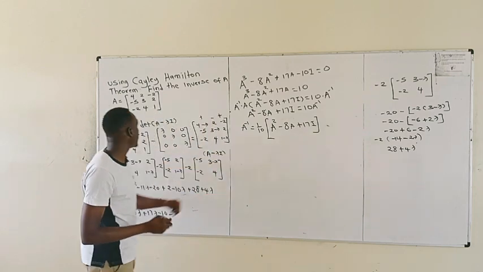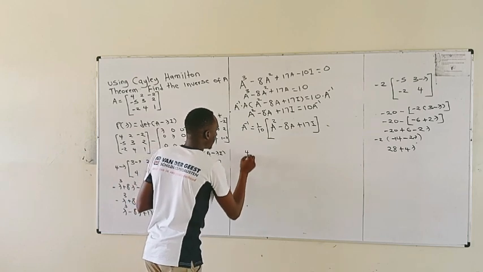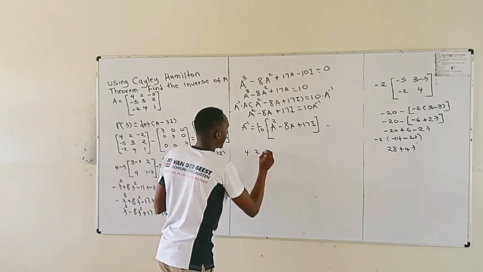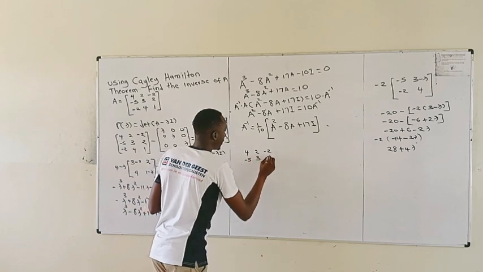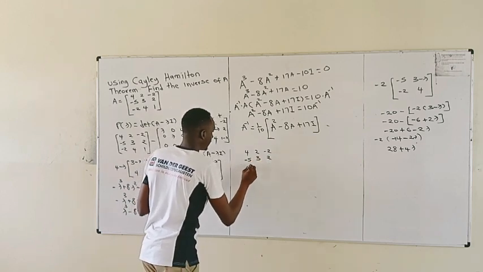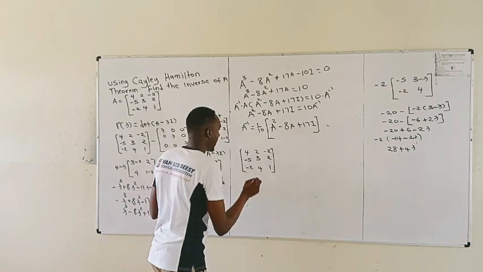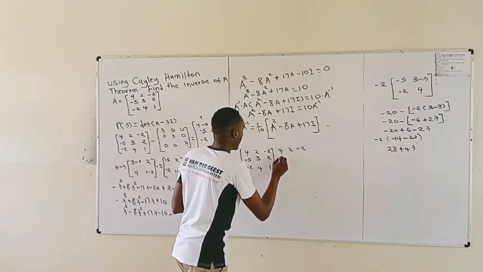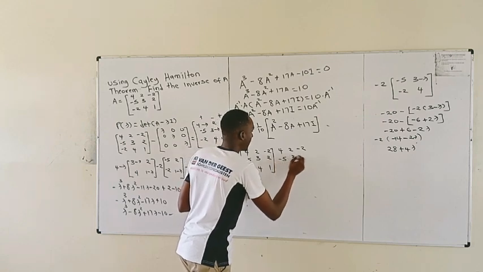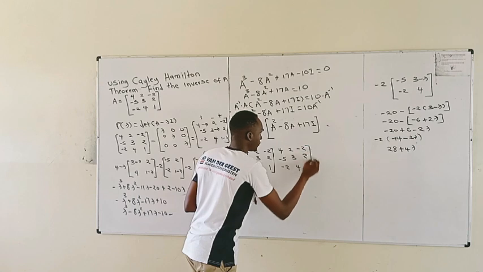We need to find our A squared. A multiplied by itself, we have 4, 2, negative 2, negative 5, 3, 2, negative 2, 4, 1, multiplied by itself, which is 4, 2, negative 2, negative 5, 3, 2, negative 2, 4, 1.